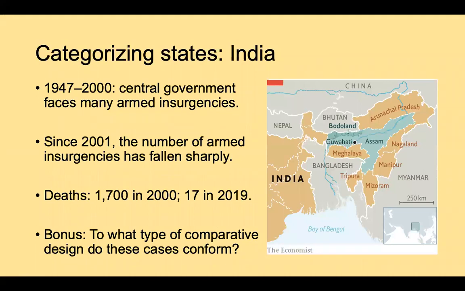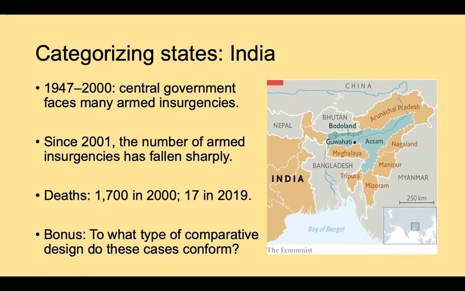Now, what happened in India? Many of you may be asking, well, what's the story? What was going on there in the period from 2001 to the present day that wasn't happening between 1947 and 2000? What is the nature of the strengthening of the state in India, in other words? And to answer your question, it has a lot to do with the number of armed insurgencies faced by the central government.